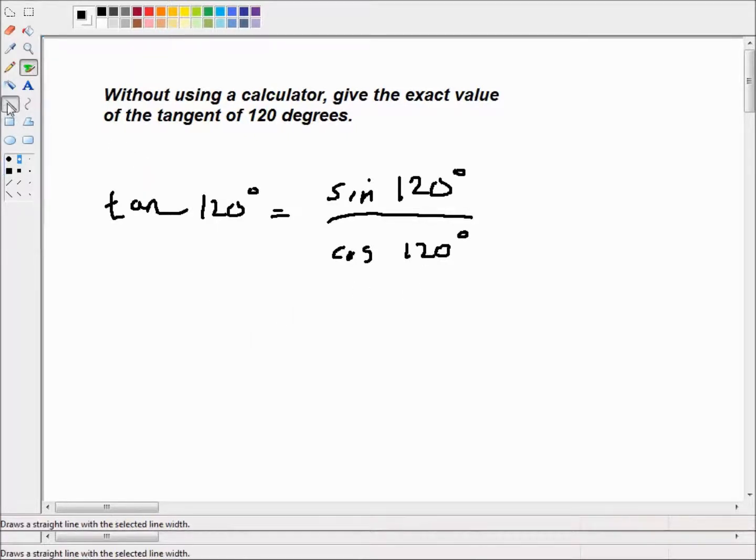Okay, well, if we think in terms of our unit circle, I'm not going to draw a whole unit circle, but I'm going to draw an angle, which I'm going to say is 120 degrees.